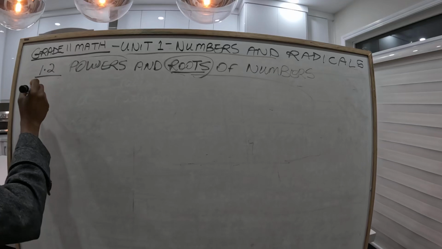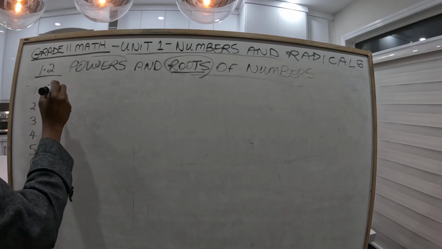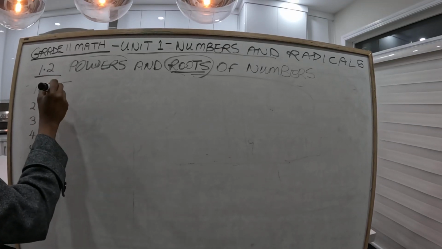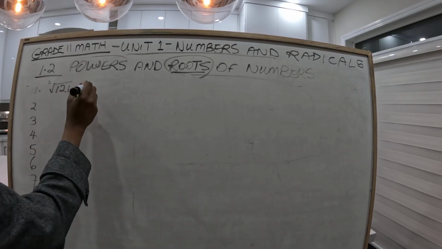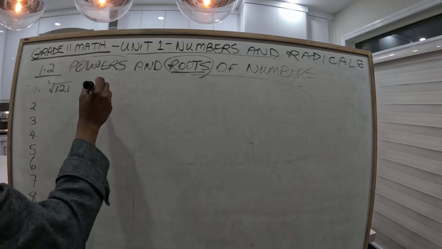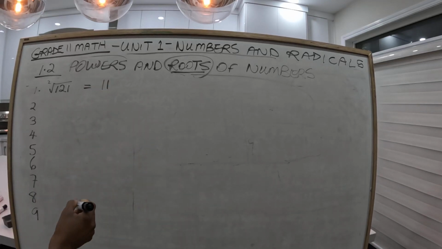Okay, so if we were to find the square root of 121, again, there's an imaginary 2 here. We already know what that is, because if you know your times table, you know that the answer is 11.